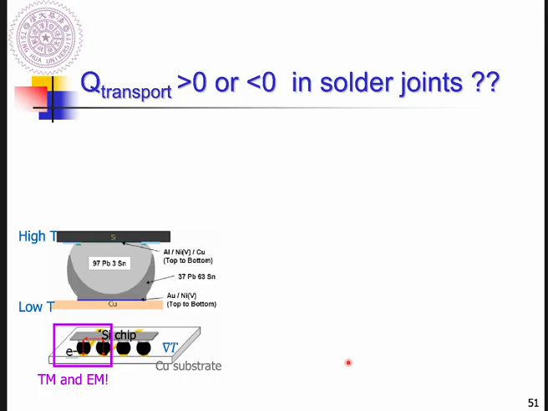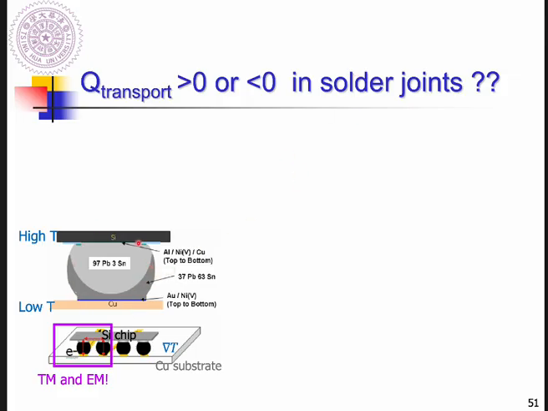And this is a practical case that always happens when you are designing the solder bond in your chip. As you know, the solder bond, or solder joint, actually binds the silicon substrate to the copper substrate.